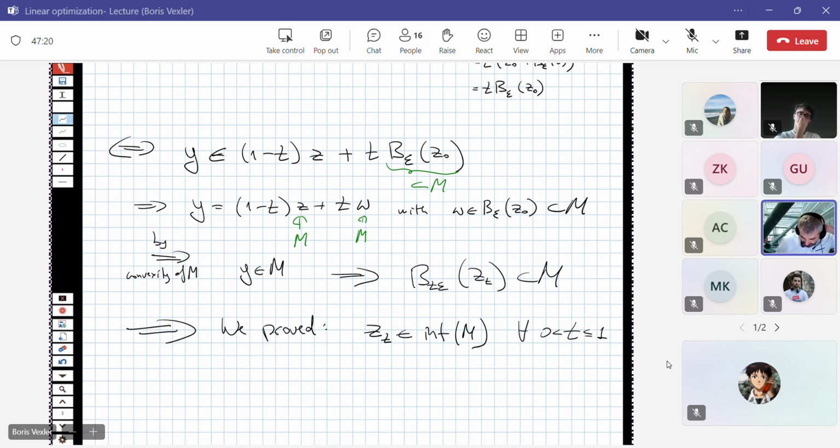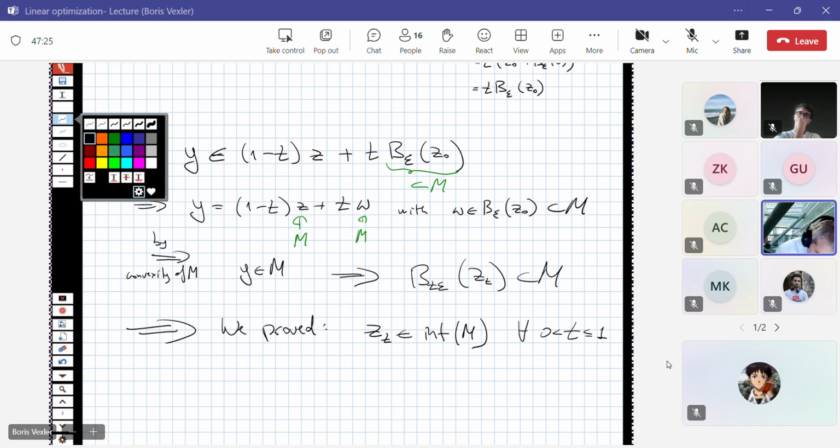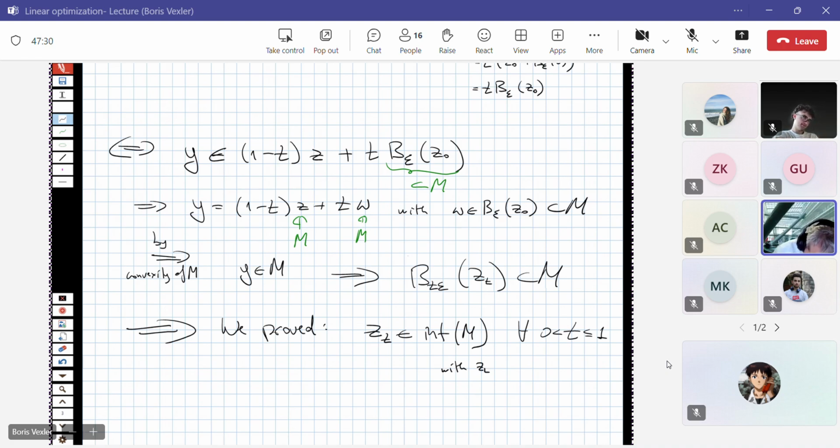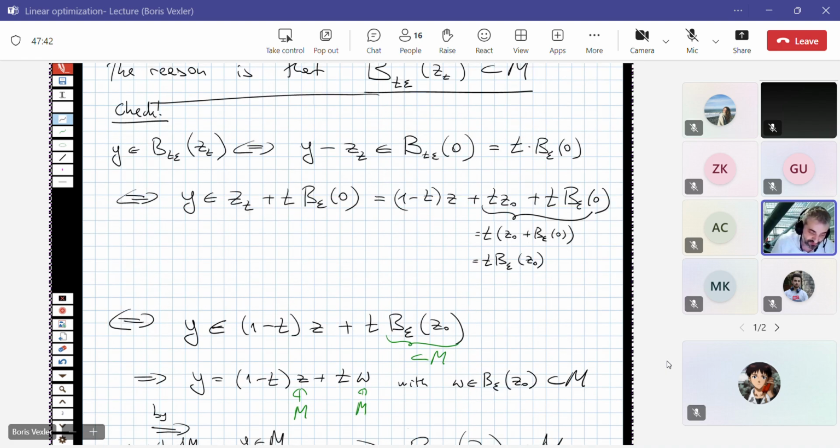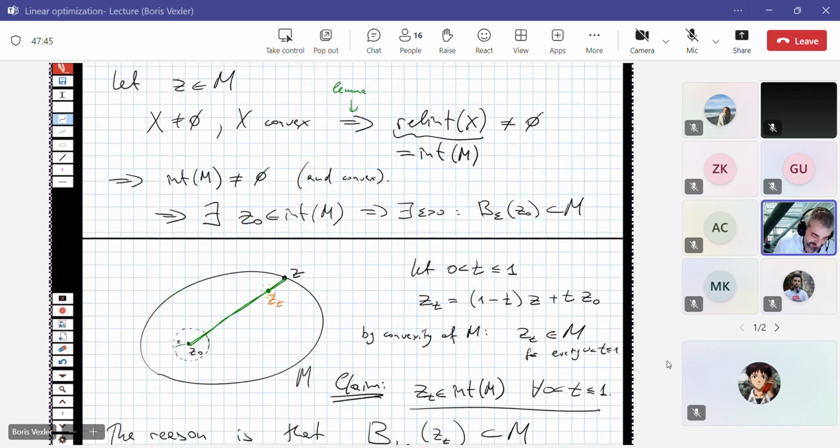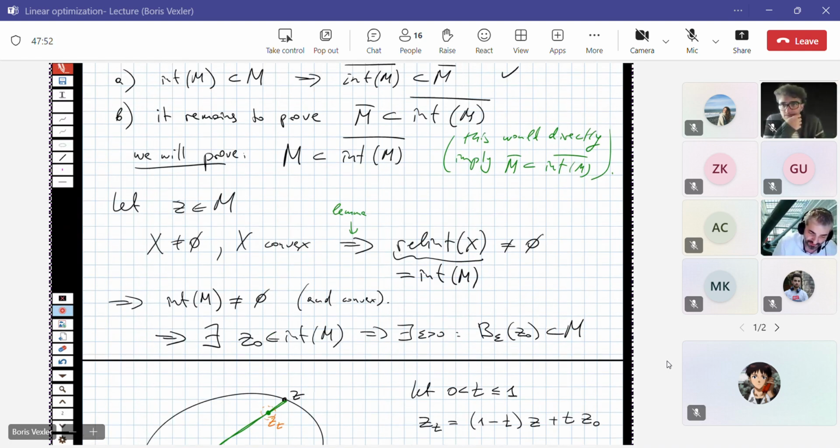And now let us recall what was our goal. Let me write again down what this was, ZT, with ZT equal to 1 minus T times Z plus T Z0. But what was our goal? Our goal was to prove actually that this Z, which we started with, is an element of the closure of the interior.